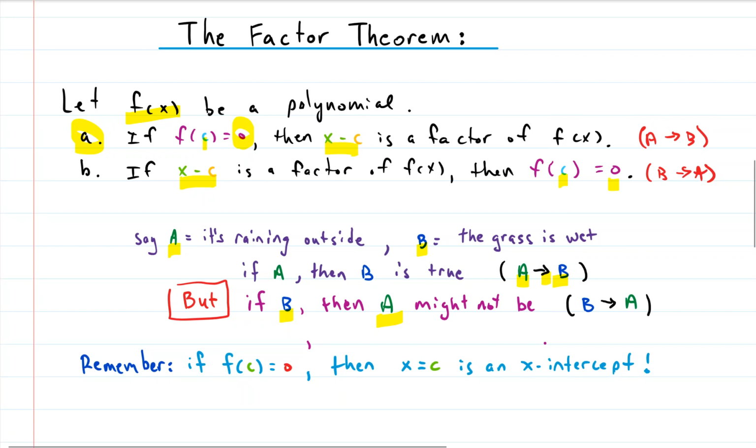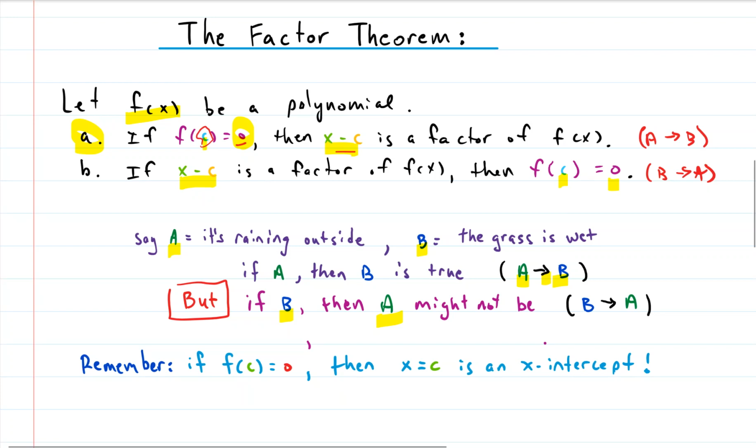So if you pick some value c and you plug it into the function and you get 0 out, you're guaranteed that x minus c is a factor of f. And once you know that, you don't even need to know anything else, because you know the converse works as well if you go backwards. That's what this theorem tells you. Both of those if-then statements hold.